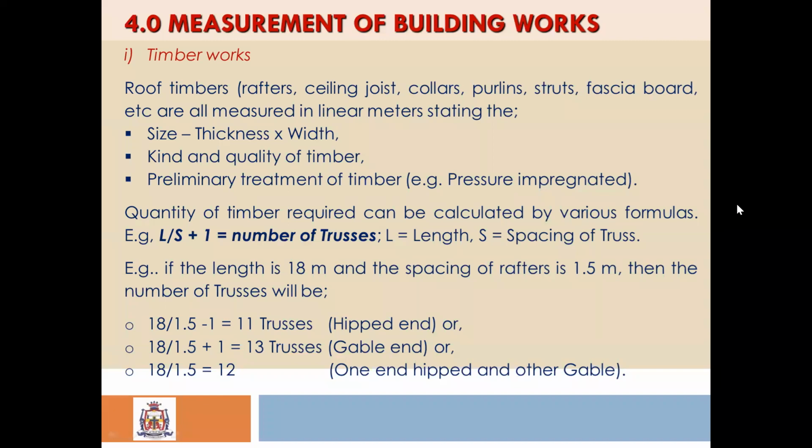I hope that one you've taken at the back of your head. So you state it, you enter it as a linear meter, and then you state the size. The size of these members are indicated in the description, beginning with the thickness and the width, which we are going to see. Then the kind and quality of timber that you are using.